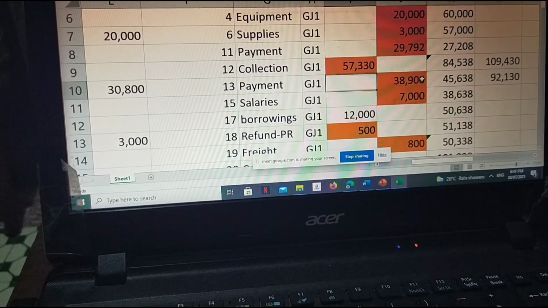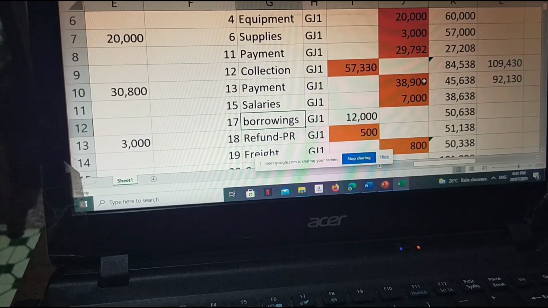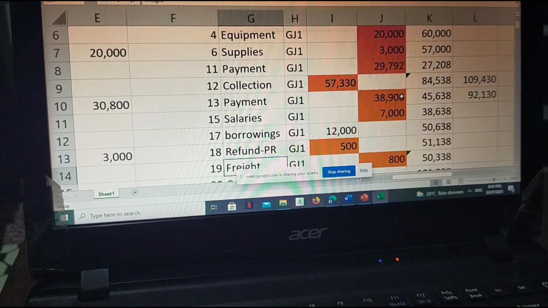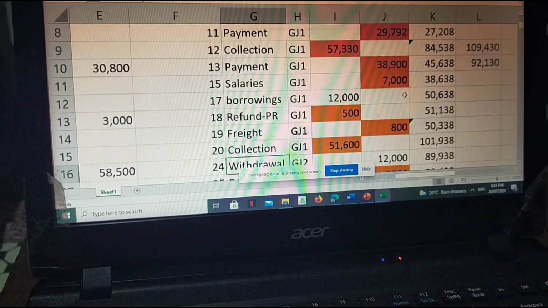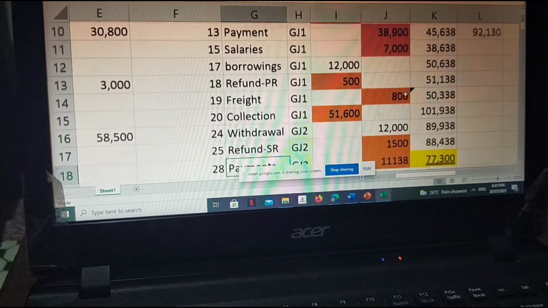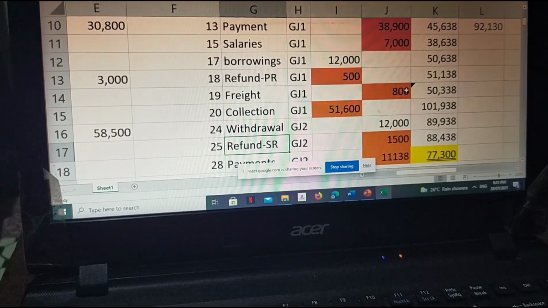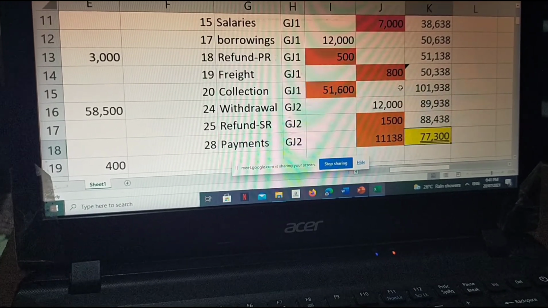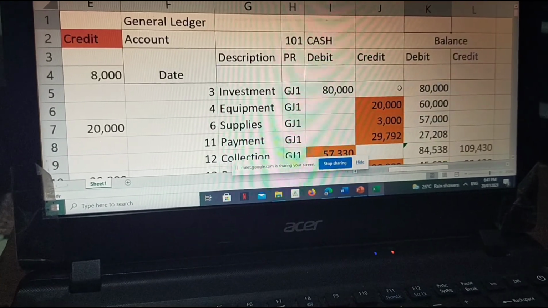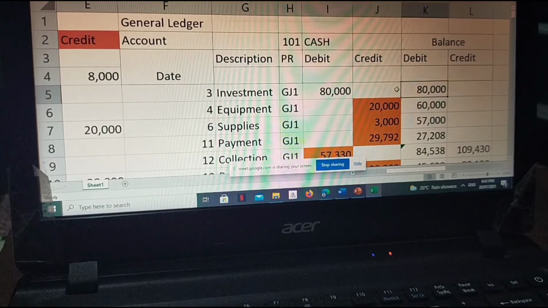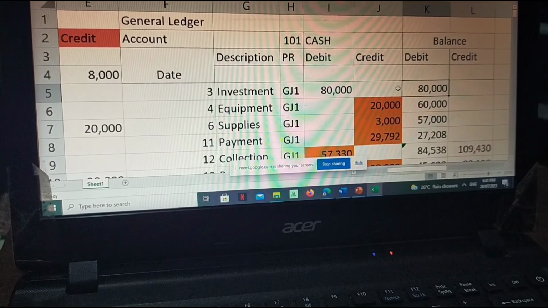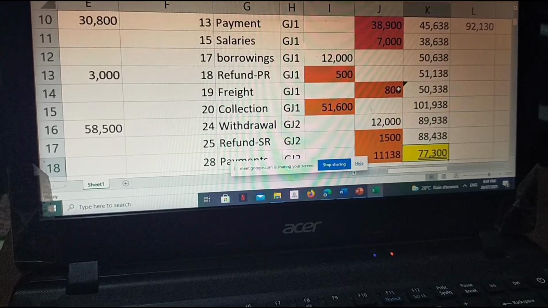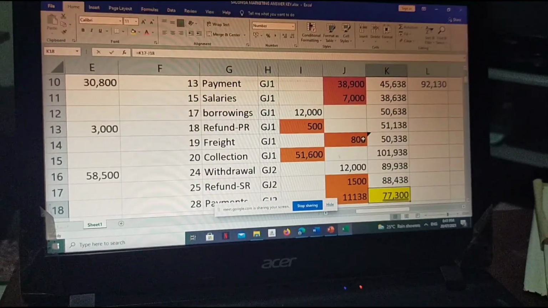And then again, the payment of salaries, the borrowings from the bank, your refund or the purchase returns, and then the freight in and collection. Withdrawal, and then again, the refund from the sales return and payments. So that the running balance after posting your journal entries to the ledger, you have a total cash here of 77,300 pesos.